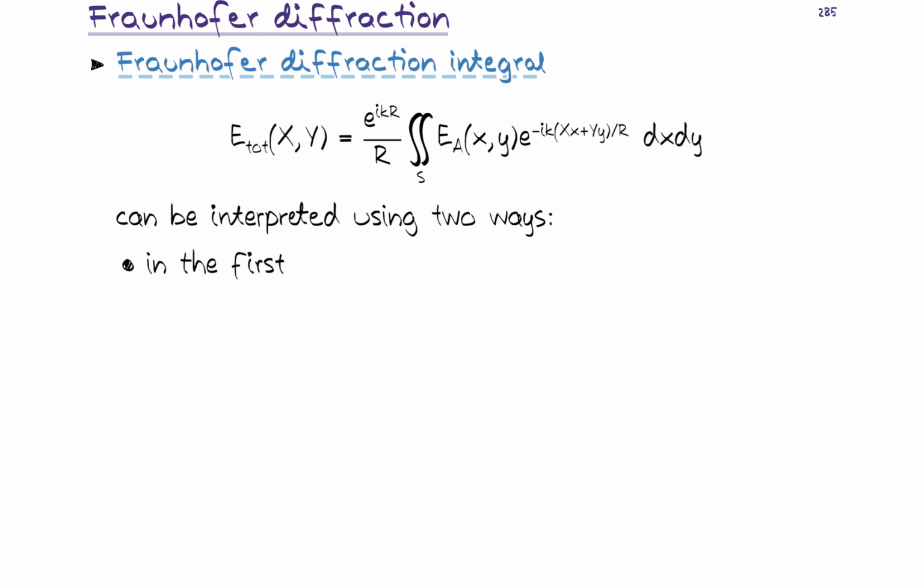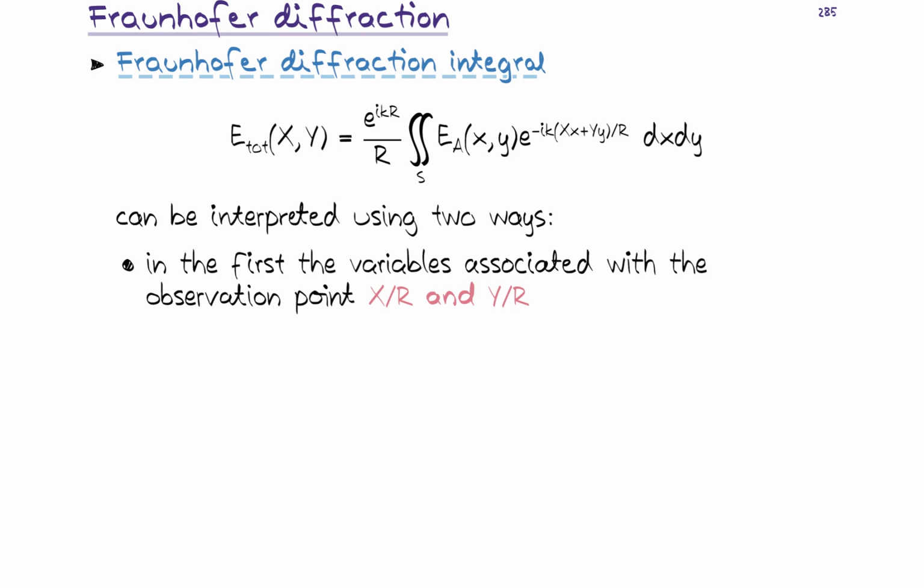So the first interpretation, which is more of a physical interpretation, is that we have variables that are associated with the observation point. So I have capital X divided by R and capital Y divided by R in my integral kernel. These we can understand as angles.